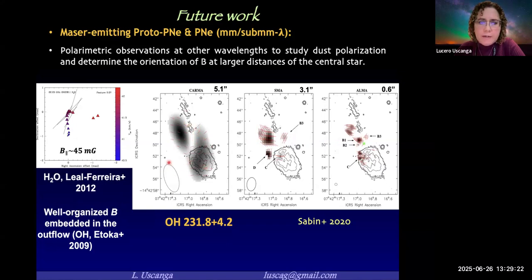You can also see here the beam size, and this is the resolution from different observations with different instruments. This is CARMA, SMA, and ALMA. And if we observe in detail the vectors of the magnetic field, it seems that they present an hourglass structure that I think has also been observed in some young stellar objects.